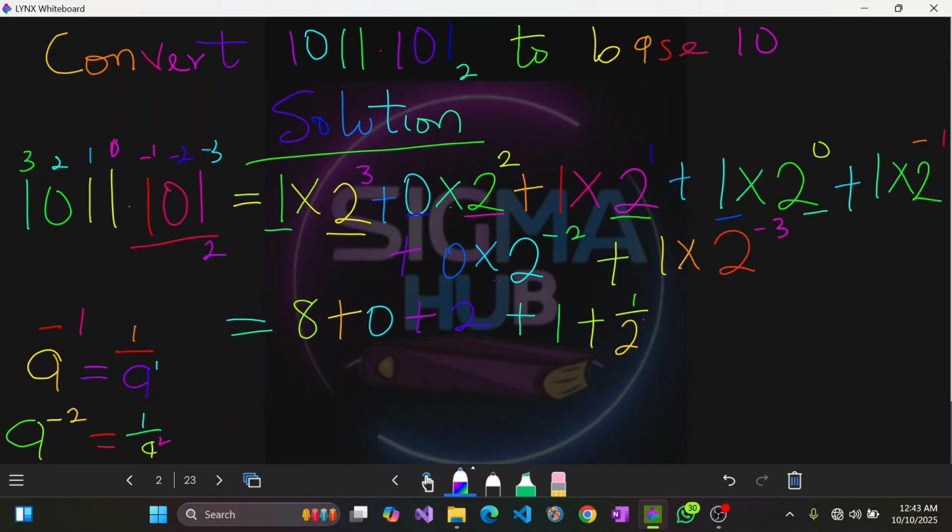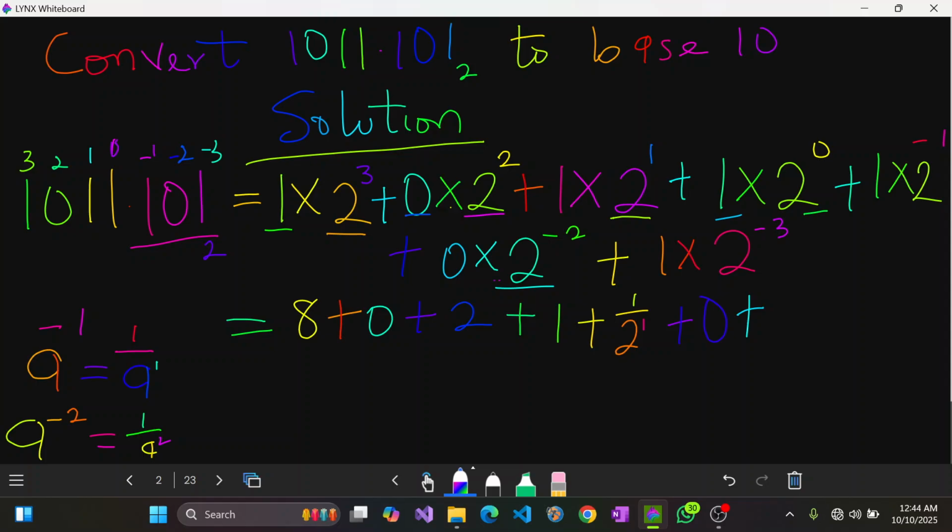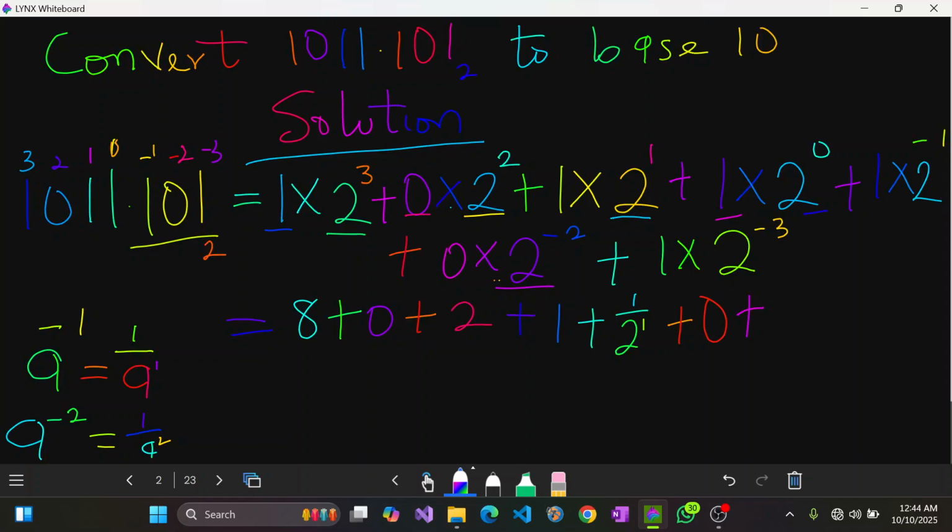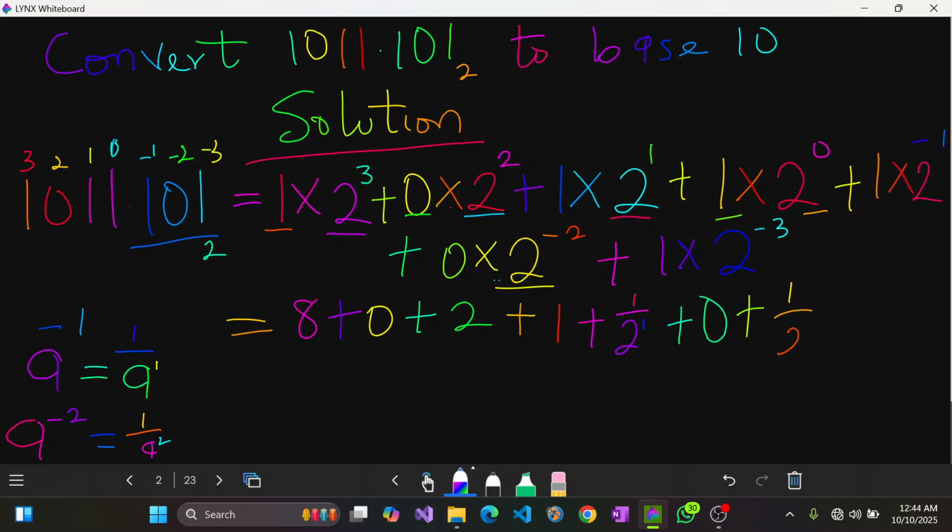Then plus the same thing with this: 2 raised to the power of -2 means 1 over 2 raised to the power 2, but when you multiply this by 0, it gives 0. So we write 0. Then plus 2 raised to the power of -3, which is 1 over 2 raised to the power of 3, and when you multiply by 1, it still gives you 1 over 2 raised to the power of 3.